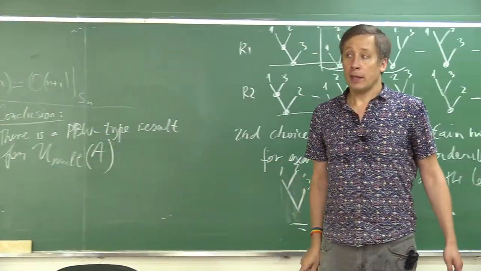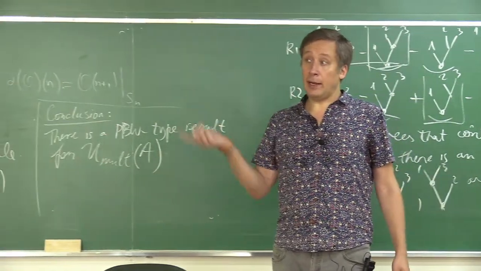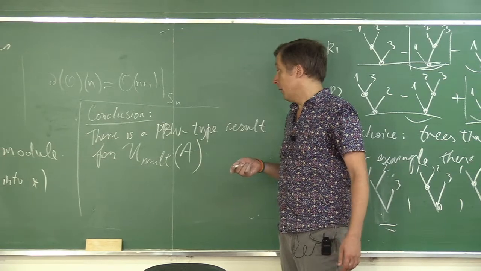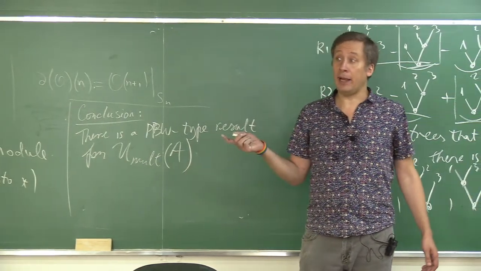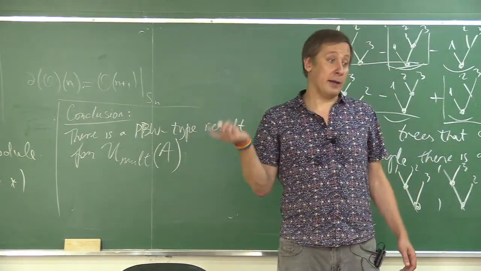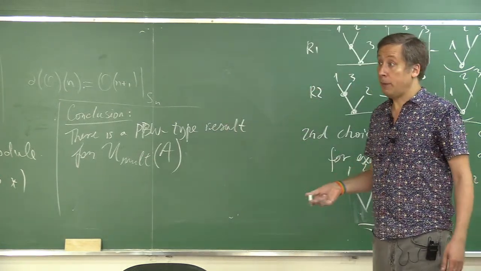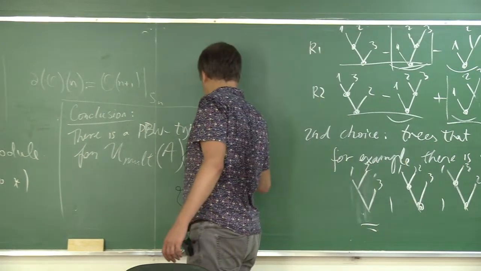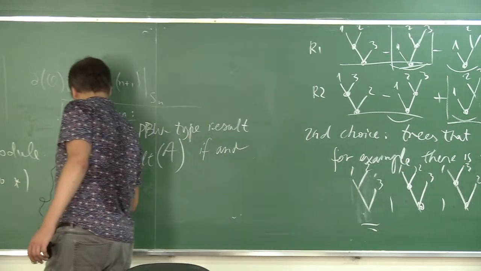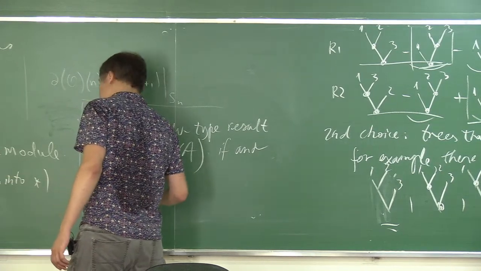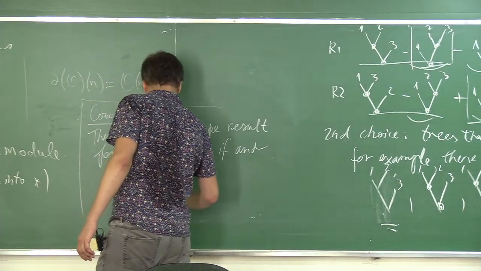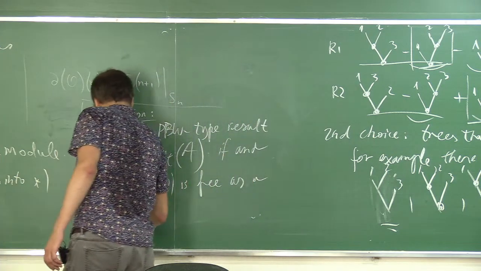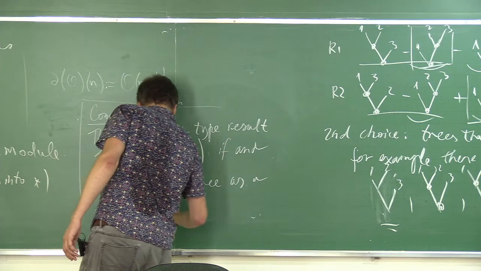So that the underlying vector space is obtained by applying some functor to the underlying vector space of A with certain functorialities, if and only if D of O is free as a right O module.